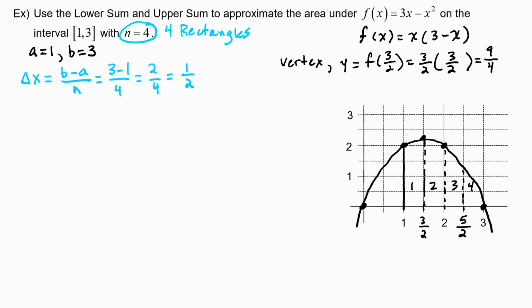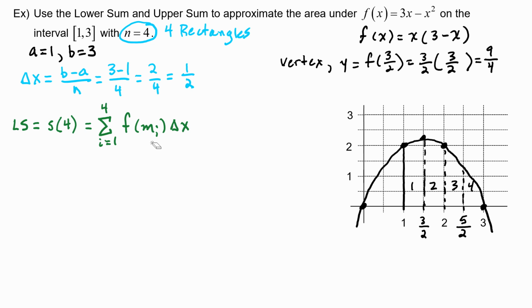So now we're ready to do the lower sum, and we know that's lowercase s of 4. We're going to have 4 rectangles, and that means we are doing the summation i equals 1 to 4 of f of m sub i times delta x.